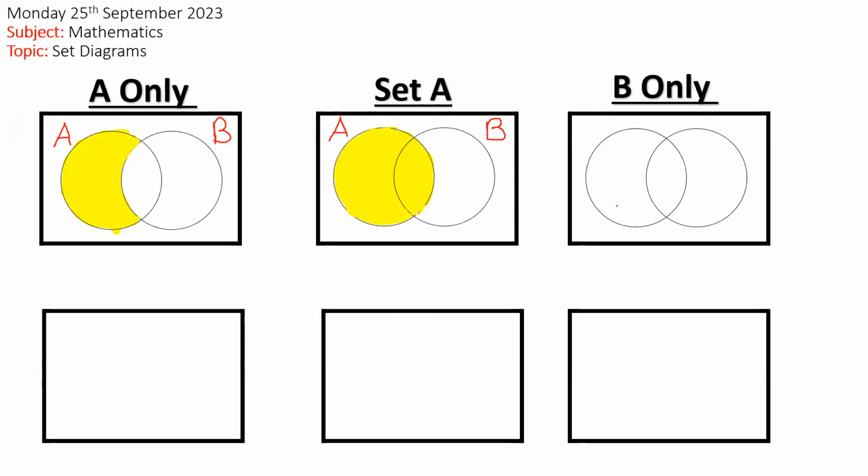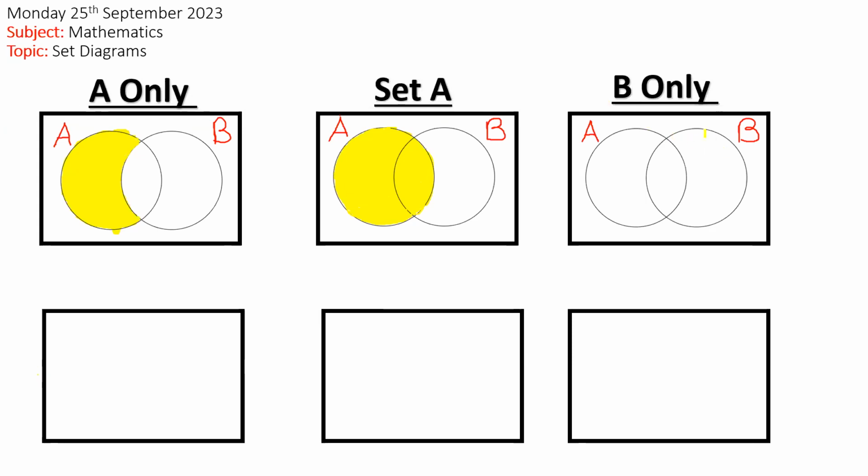So again, let's label it. So this is A. By the way, please draw this inside of your books. Do not just be looking at me doing this. Draw this inside your books, please. And then set B. So B only, what did I say B only was? B only is only this part.